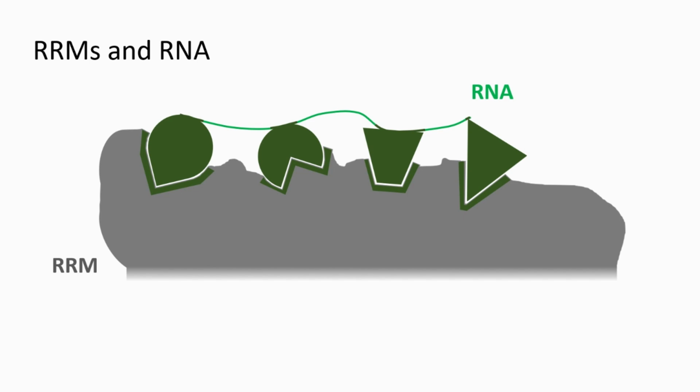So we know the code and we want to modify our RRMs to bind a different RNA molecule. So in this case, we try to modify the RRM in such a way that it no longer binds the previous RNA molecule, but now binds a different one. So we try changing the specificity of one RRM for this RNA.